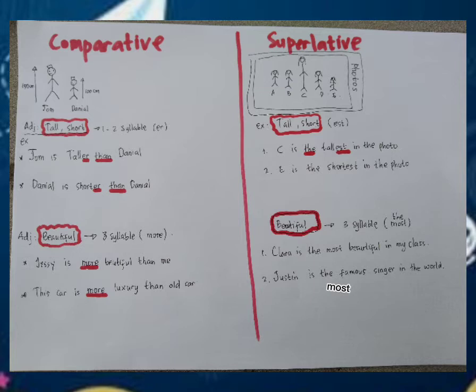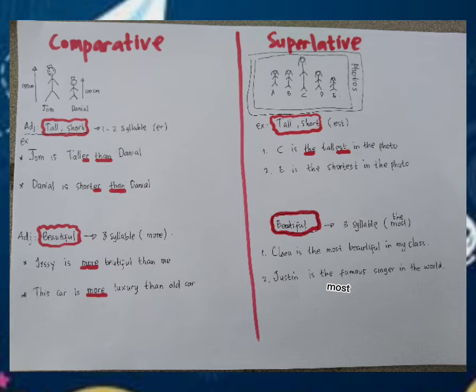After that, this car is more luxurious than the old car. To make it easy, for comparative, you add er at the end of the adjective for one or two syllables, and for three syllables you add more before the adjective.